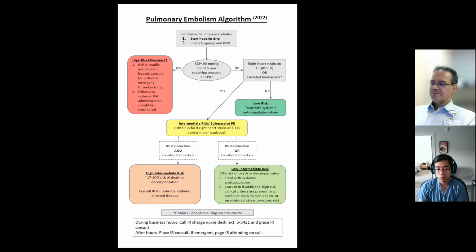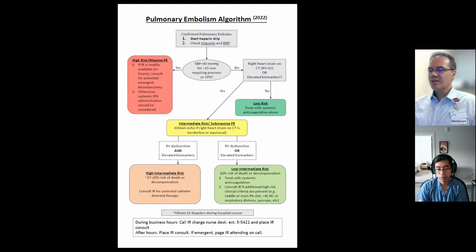If it's one or the other, they probably could be okay with just systemic anticoagulation. If there are other high-risk clinical factors, things like SPECI or any of these other ones that I've mentioned in the algorithm, it certainly doesn't hurt to give us a call, and we can assess at that point and see if the patient might benefit from a thrombectomy.